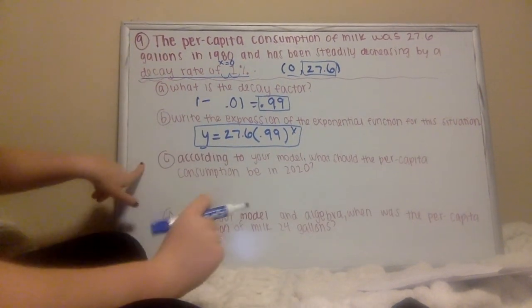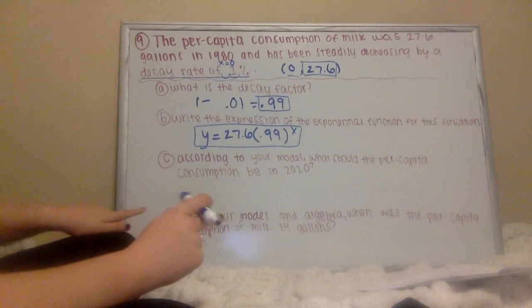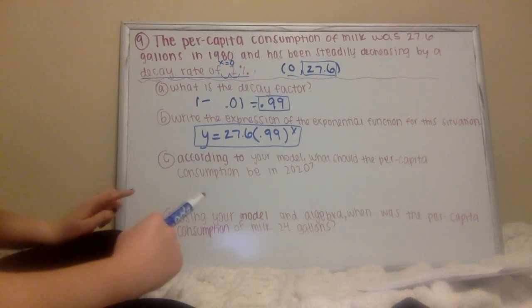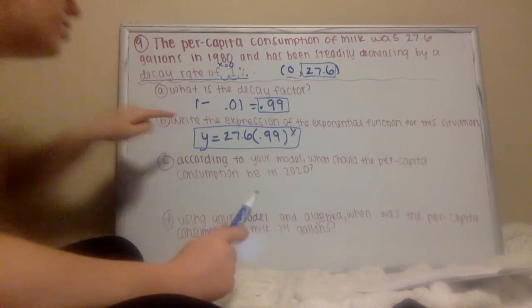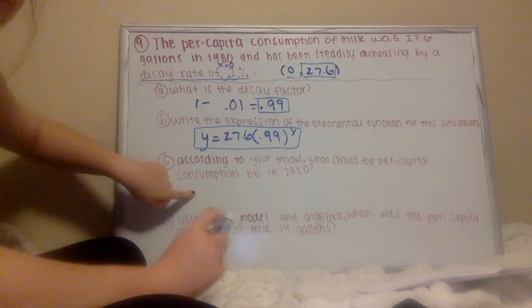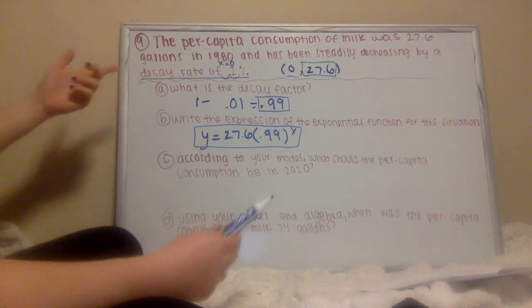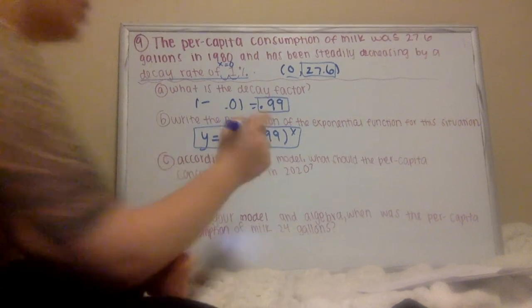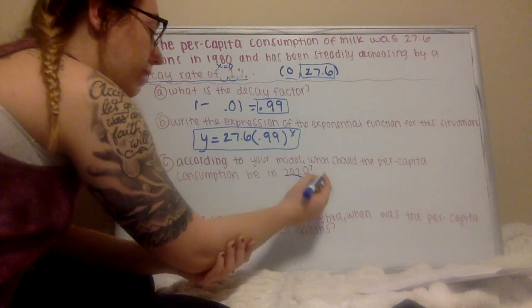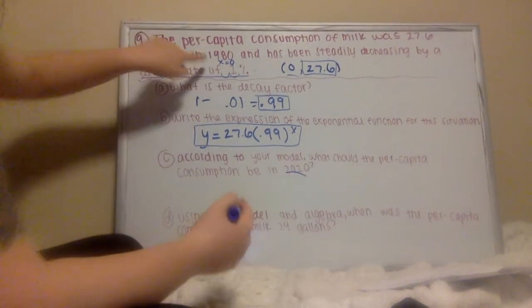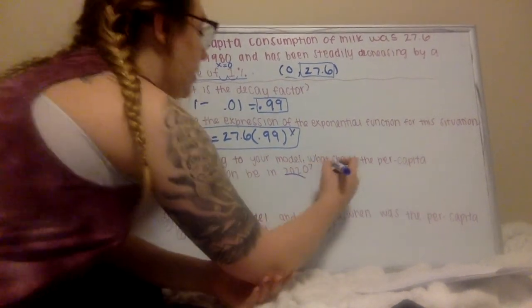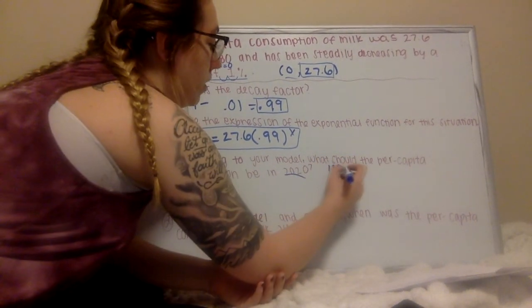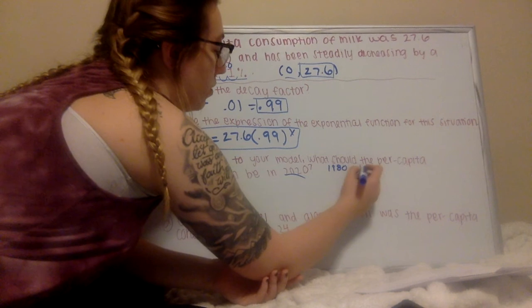And then part C says, according to your model, what should the per capita consumption be in 2020? A lot of this class is just plug and chug, so we have our equation. We're plugging in the year 2020 to find out what our per capita consumption should be. We can't just plug in the year 2020. We need to plug in according to our x. So our first year, 1980, was our x equals 0.